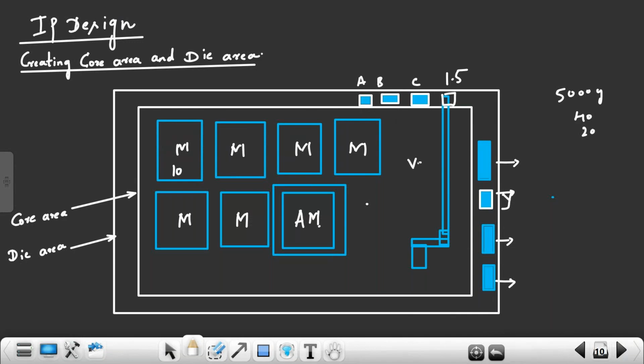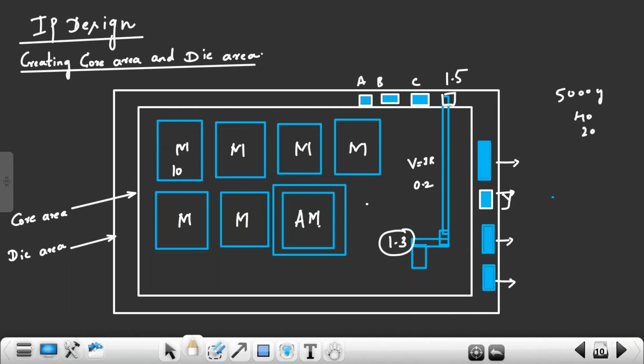That is V equals I into R. It depends on how much current a cell is drawing and what the resistance of this metal layer is. Out of 1.5 volts, 0.2 volts will drop on the metal layer. Then how many volts will reach the cell? 1.3 volts. This is called voltage drop. VDD is going to drop.